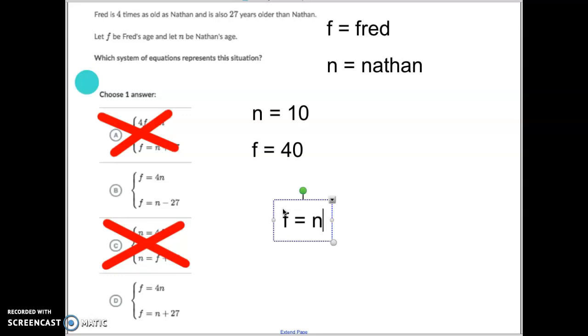What would we do here? Hopefully in your minds you're going, Miss Jamison, you got to add 27. You're right, you do. So it'd be Fred is equal to Nathan's age plus 27 more years, which is not this one, but it's this one. So we can take our magical answer ball, put it right down there, and our answer would be that one right there.